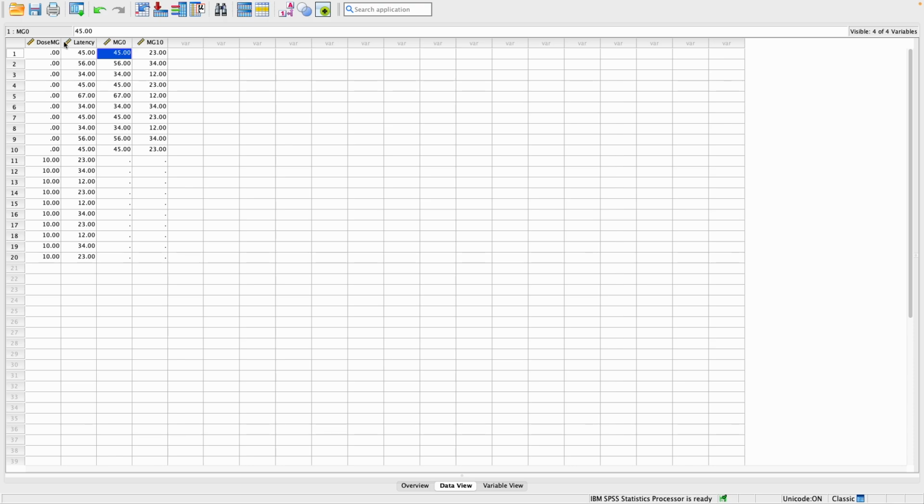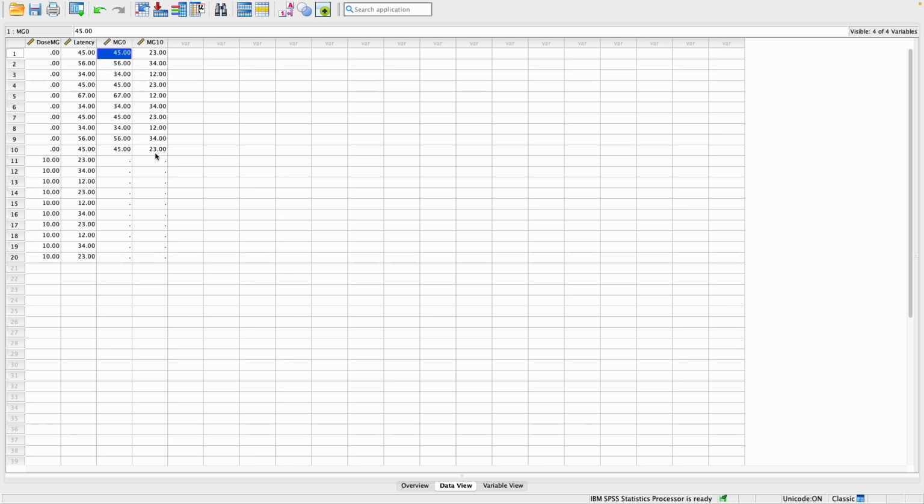Notice that I need to put my data into SPSS in advance, knowing what type of design I have. So the first two columns would be how you would set it up for the independent samples design, and the second two columns would be how we would set up that same data for a paired or dependent samples design.